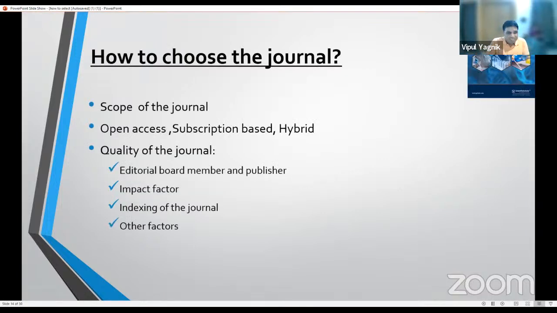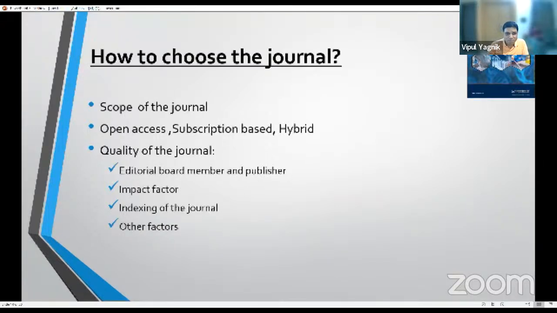Now the idea is how to choose the journal. Depending on your article, what is the scope of the journal? If your article is matching with the scope of the journal, you can publish. Second thing is you can see whether the journal is open access, subscription based or hybrid.